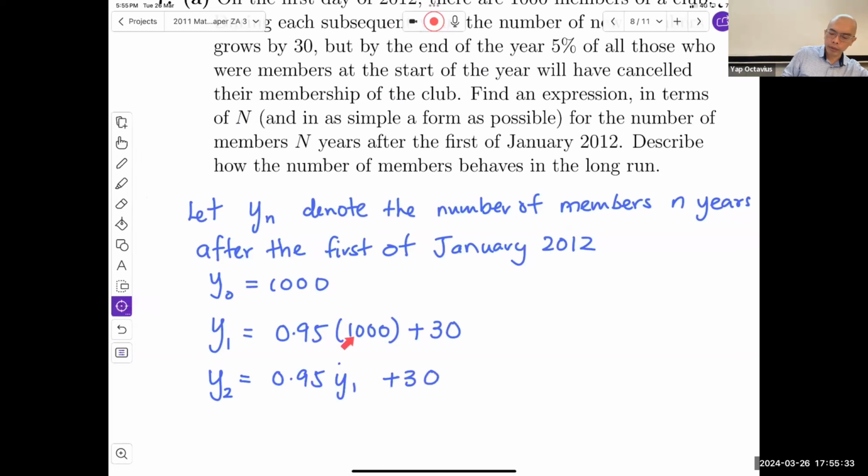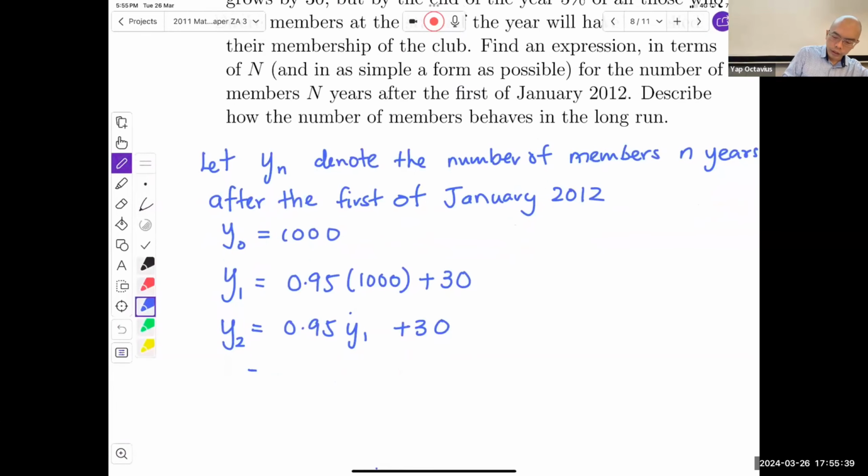Then you substitute this chunk inside here. So this gives you 0.95 squared multiplied by 1000 plus 0.95 multiplied by 30, then plus 30.